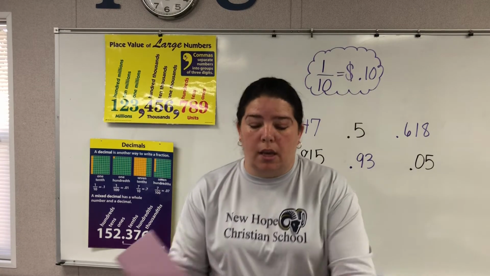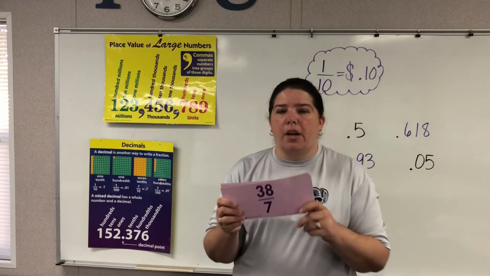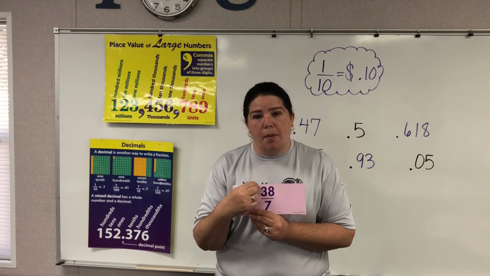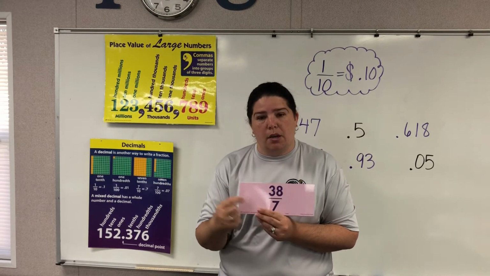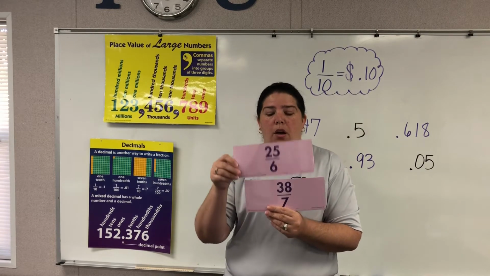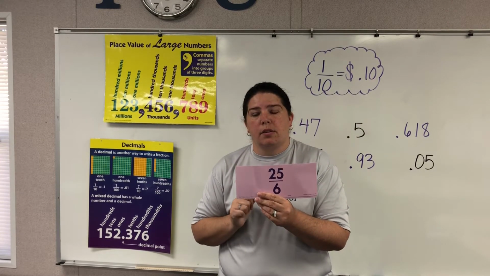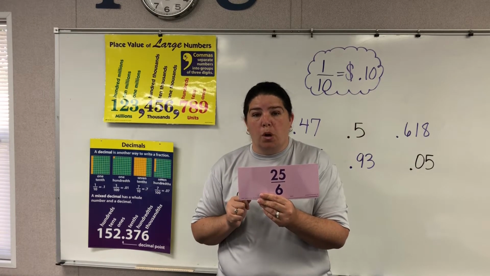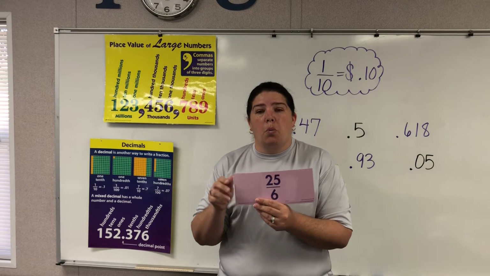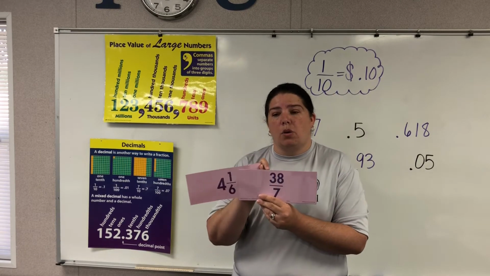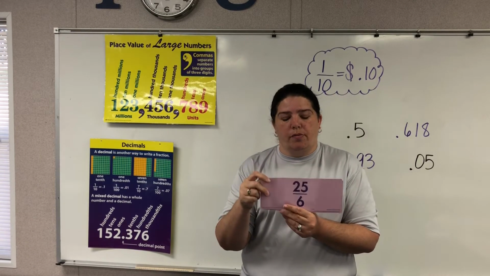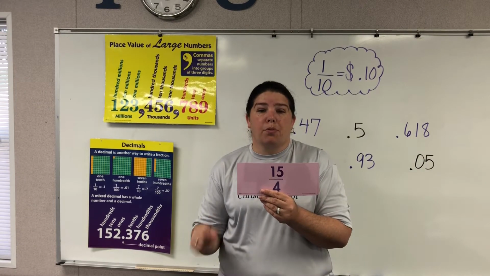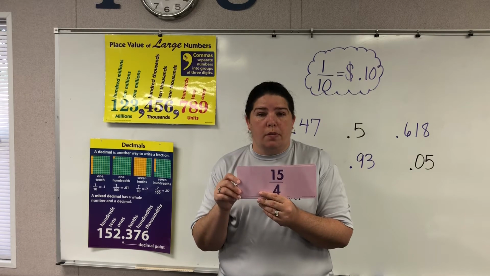Okay, how about an improper fraction changing to a mixed number? Remember, we're dividing the top by the bottom. 38 divided by 7. So here we go. Are you fast? 4 and 1/6. Remember, 4 is the whole number. 1/6 is your fraction. How about this one? 3 and 3/4.